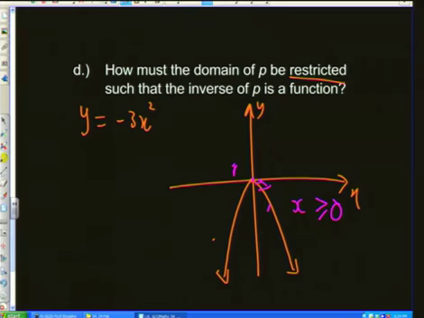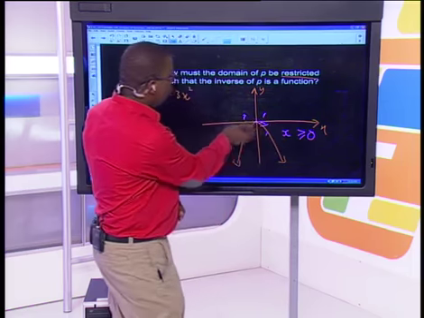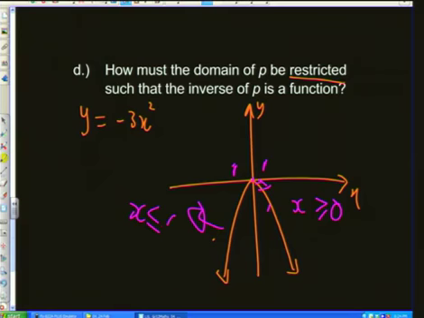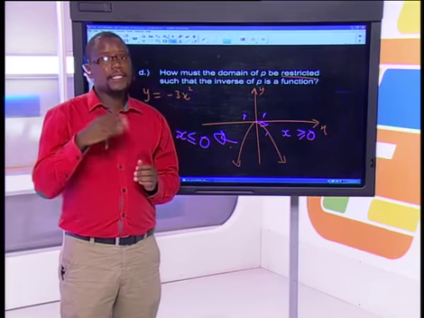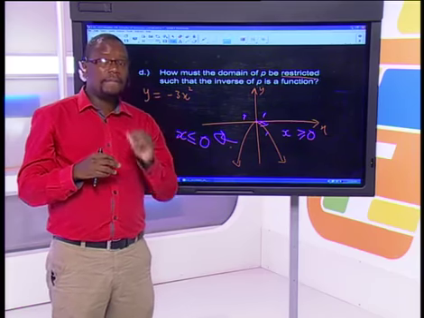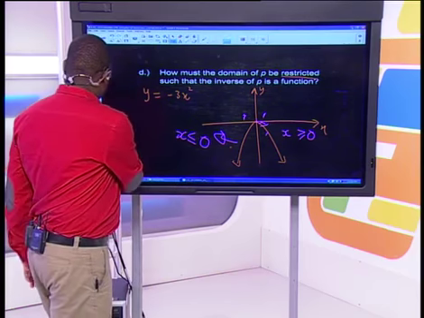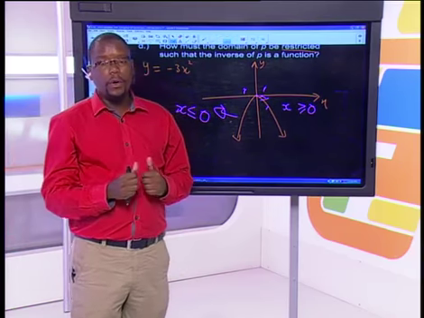Also, if I exclude this part and take the left from naught going negative, I'll have x less than or equal to 0. So to restrict the domain of this function, I would say when x is less than or equal to 0, or when x is greater than or equal to 0, I will have my inverse as a function, which in this case is going to be a one-to-one function. And remember we said, how do you tell if it's one-to-one or many-to-one?